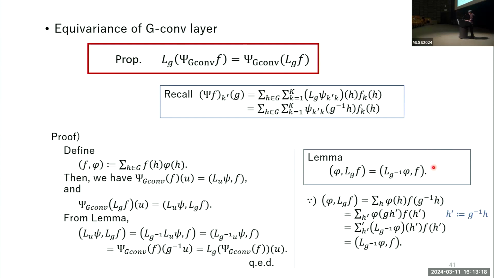And a useful lemma is that, because we use the inner product here, if we apply the shift to F, this inner product is equal to the inner product of the shift by inverse G of phi with F. Using this formula, it's easy to see the equivariance of the general G convolutional layer. We can derive it more directly, but this is a useful lemma to consider the G convolutional layer more mathematically.